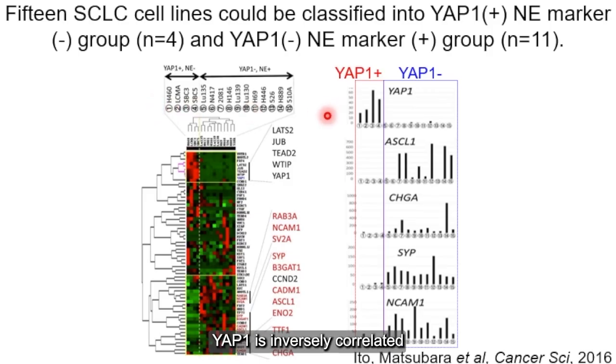Anyway, YAP1 is inversely correlated with neuroendocrine markers, right?